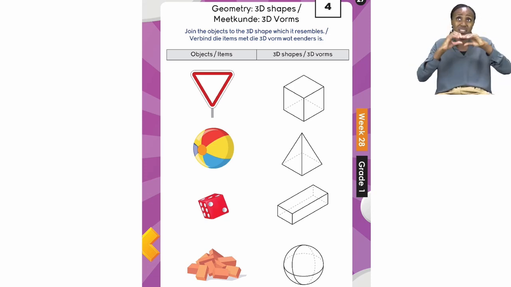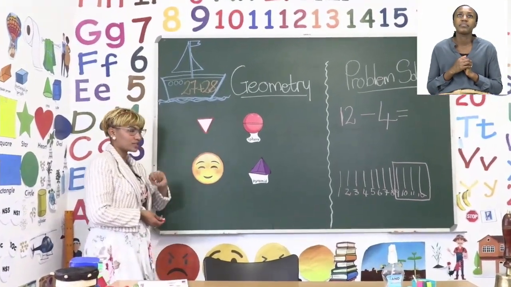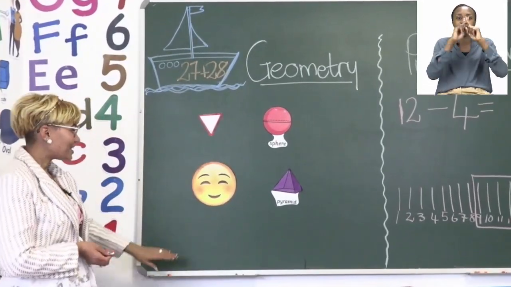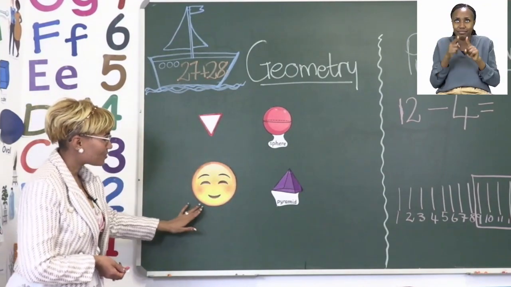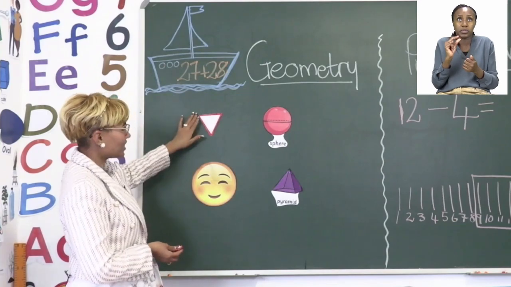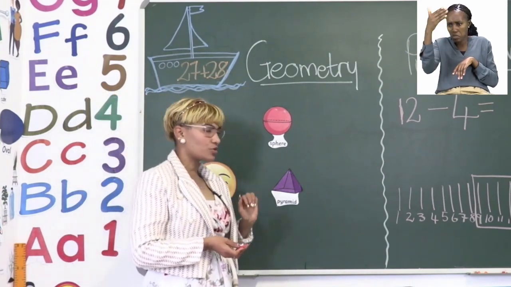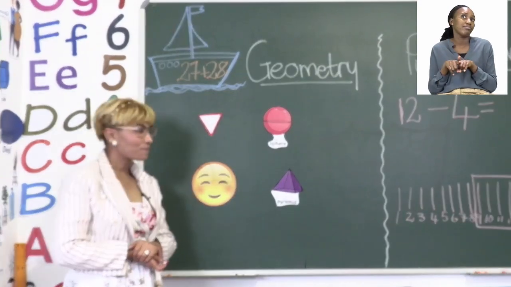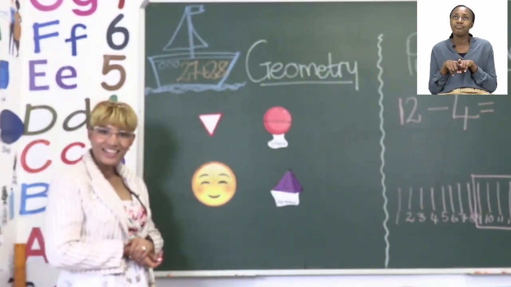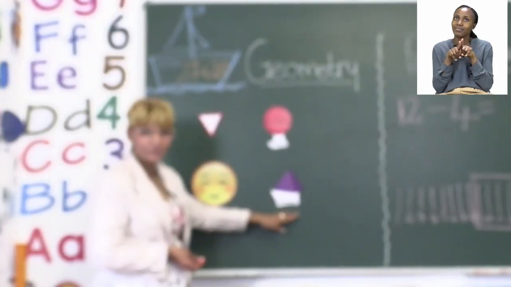Now on the board I have two examples which I want us to do together. Remember, the first one is our yield sign, and here you will see we have a nice round face. When we look at the yield sign, which of the 3D shapes do you think it resembles? That's right, everyone. It resembles the pyramid.